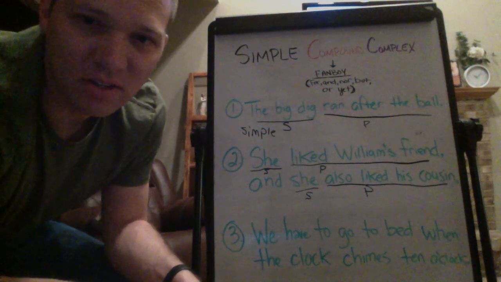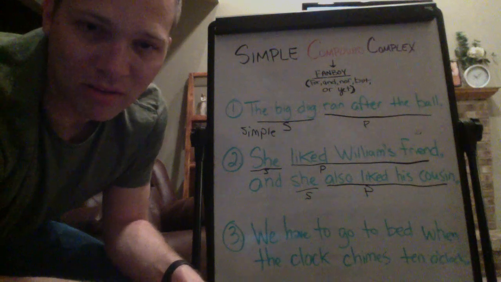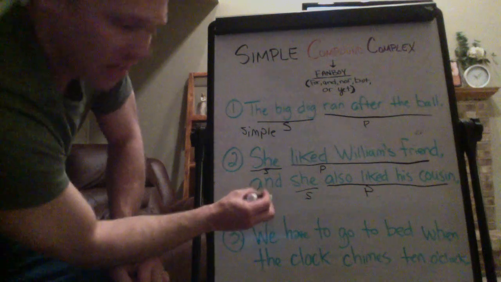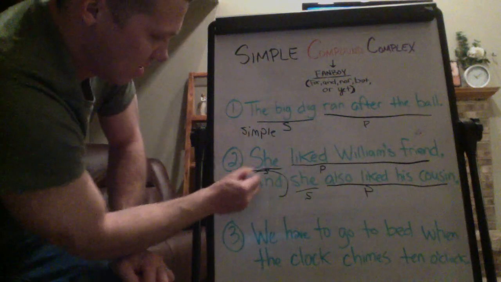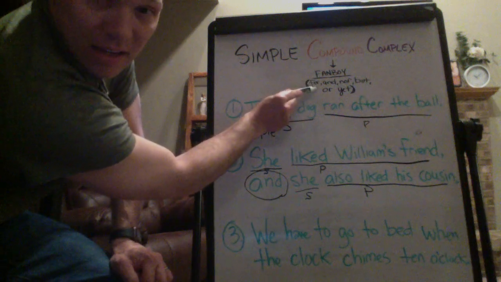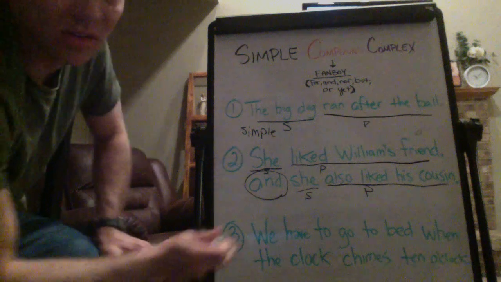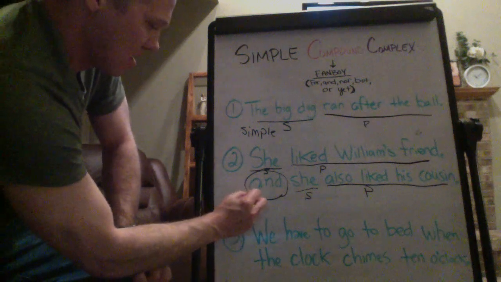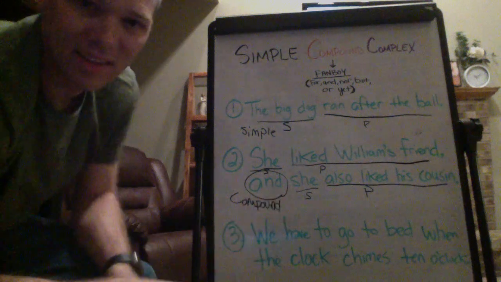So if any of those are connecting words, then it falls to a compound sentence. So look at our connecting word. We have our first sentence, connecting word of and. Notice and is one of our FANBOYS words. So this is going to be a compound sentence.